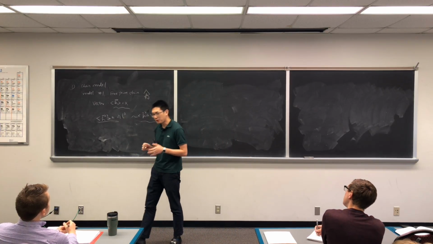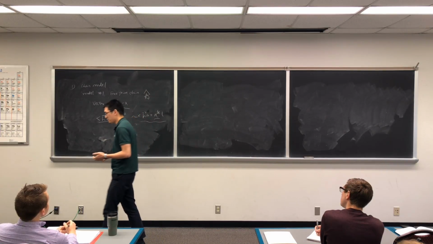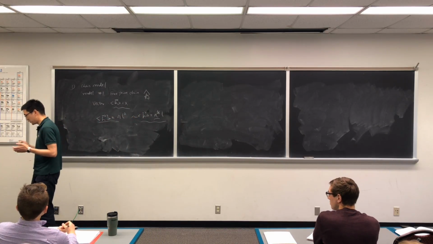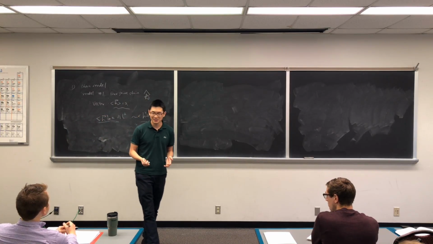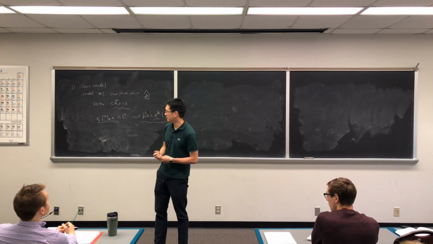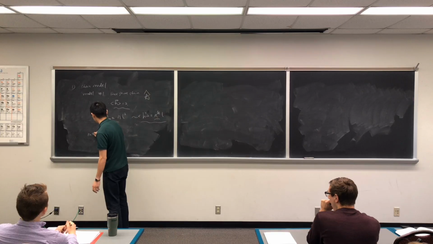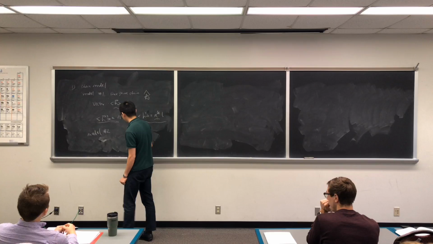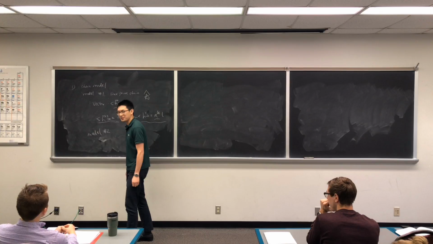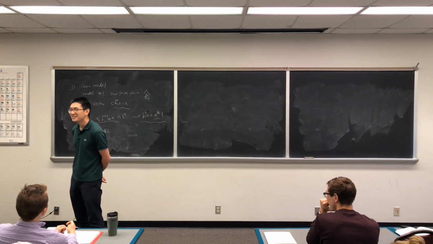In the second part of the class, which is a little more complicated, we used more sophisticated mathematics to understand another chain model, chain model 2. What is the second chain model? Anyone can help? Free rotation.